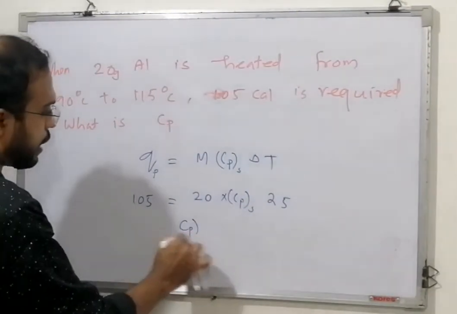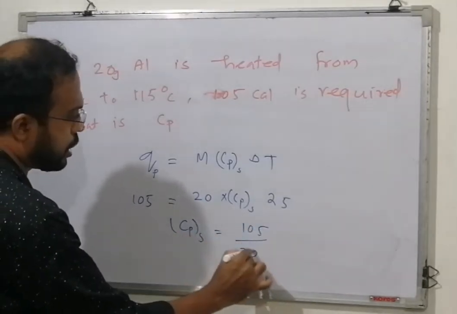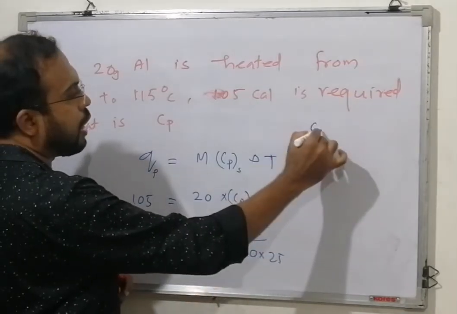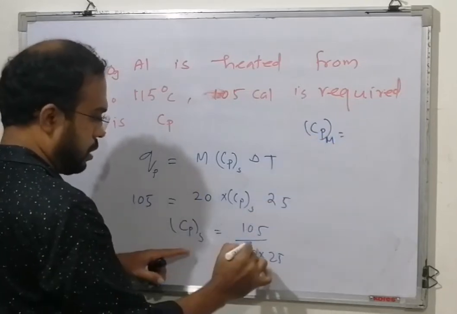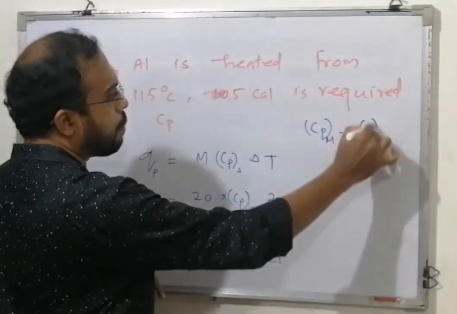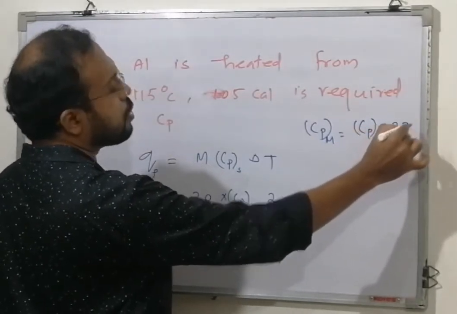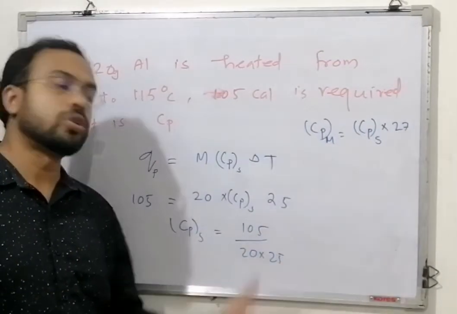Therefore, its specific heat capacity is equal to 105 divided by 20 into 25. This is for 1 gram. If you want its molar heat capacity at constant pressure, get this value, that is specific heat capacity, then multiply with 27. You will get the molar heat capacity.